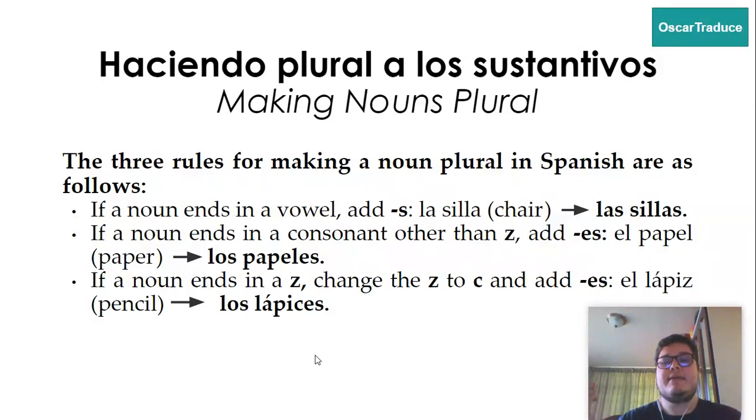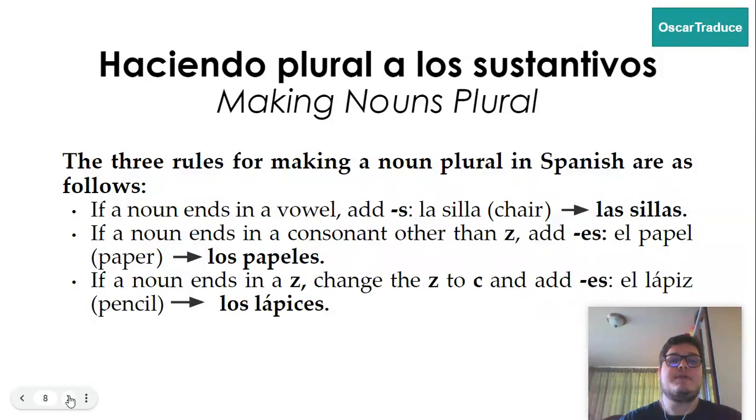Remember that the letter Z and the C as well are pronounced like an S. So it's the same sound. El lápiz, los lápices. That means a pencil, pencils.